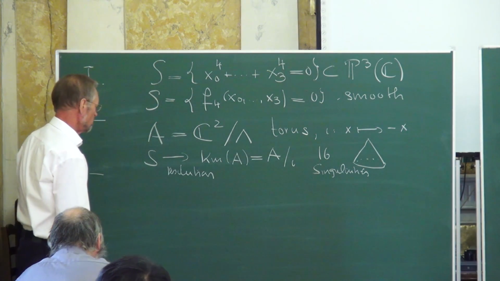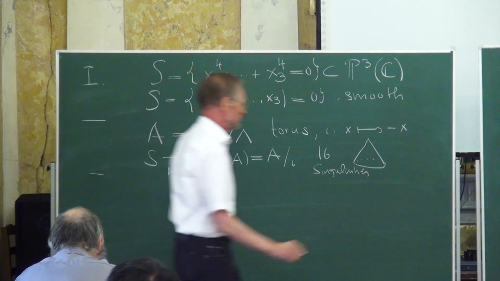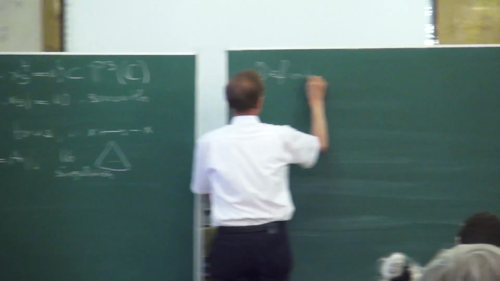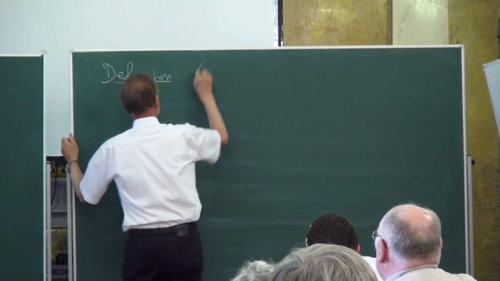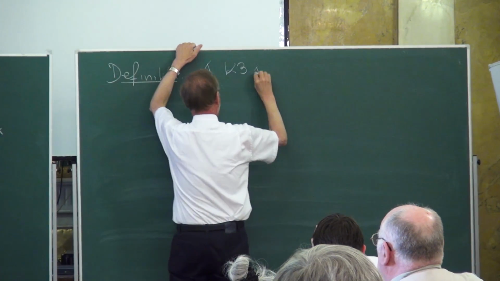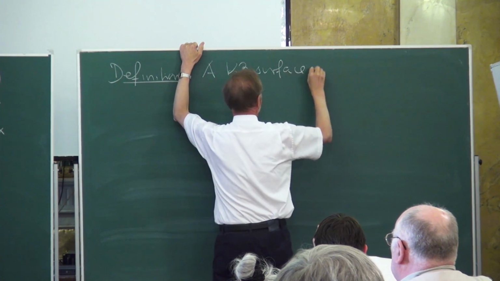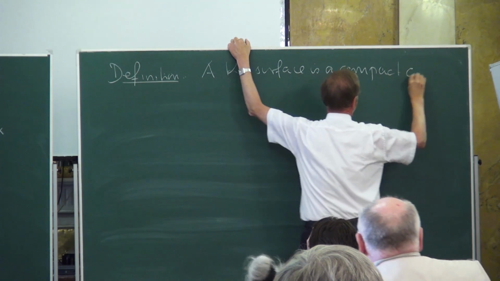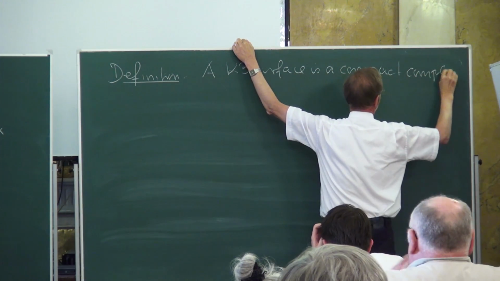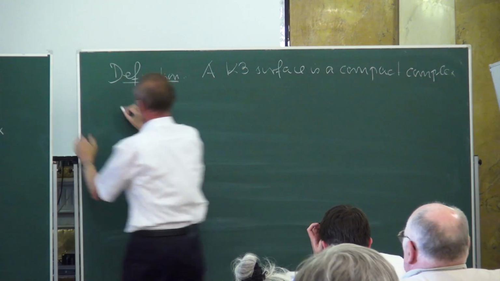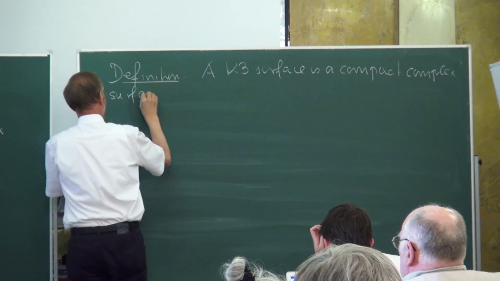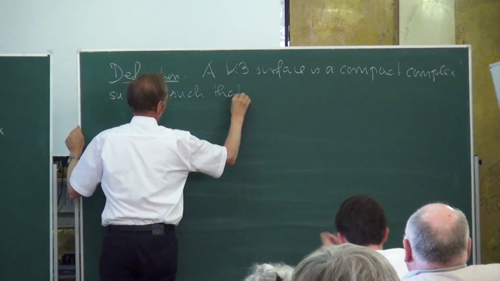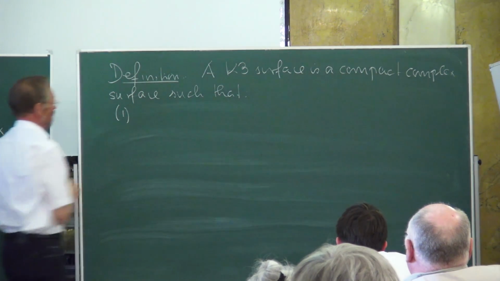So let me give you a formal definition. A K3 surface is a compact complex surface such that the following is true.